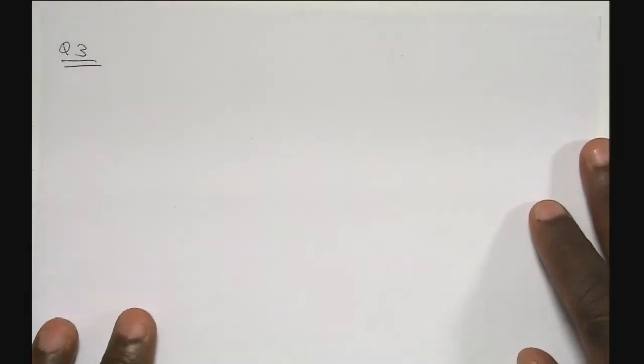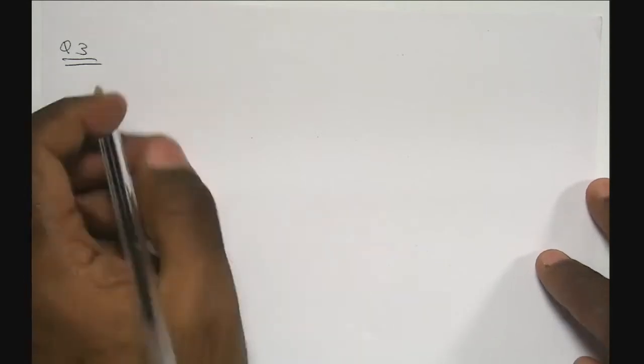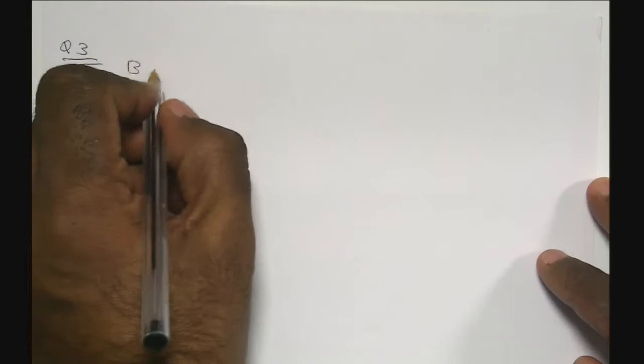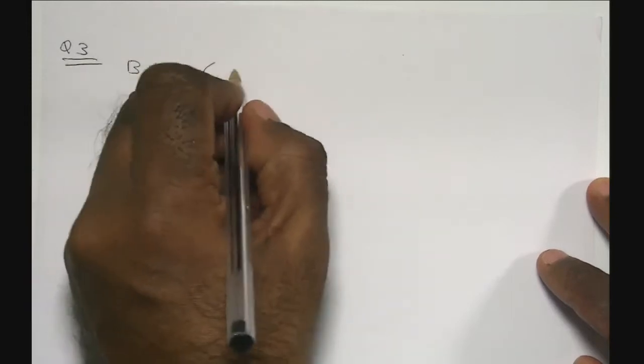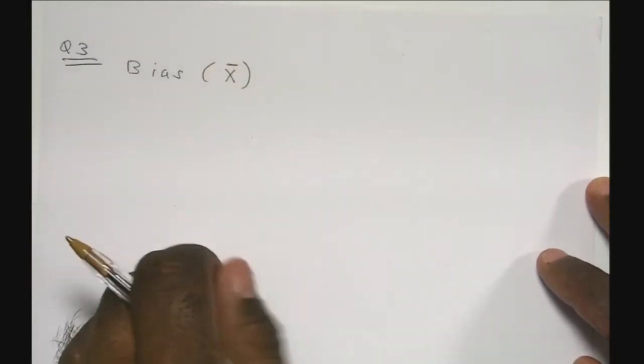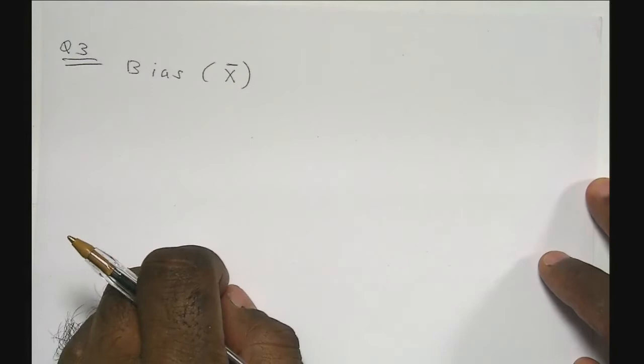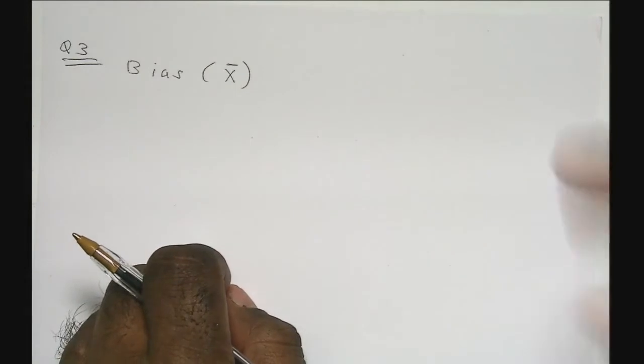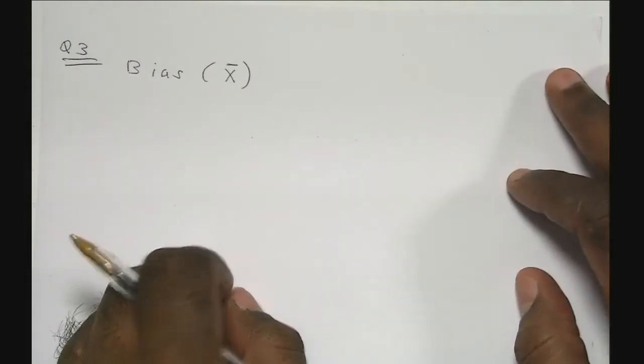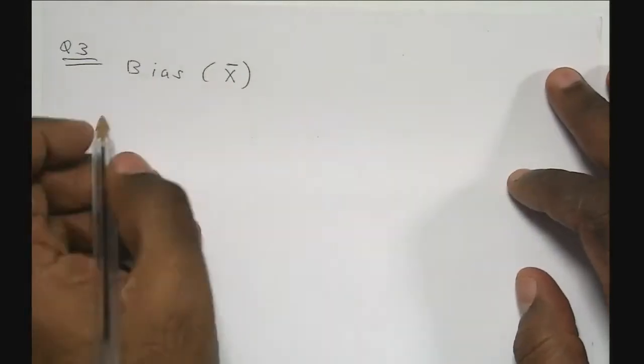Now, you are given a parametric distribution, f of x, and the first part is to show that x bar is a biased estimator for delta. So what do you need to show, guys? You need to find the bias of x bar and show that it's not equal to 0.